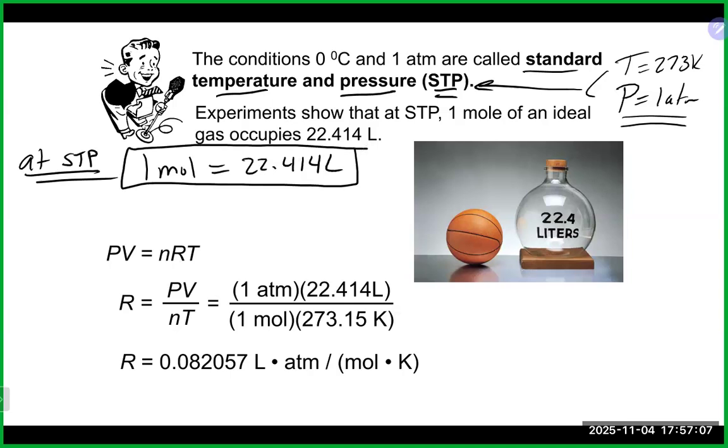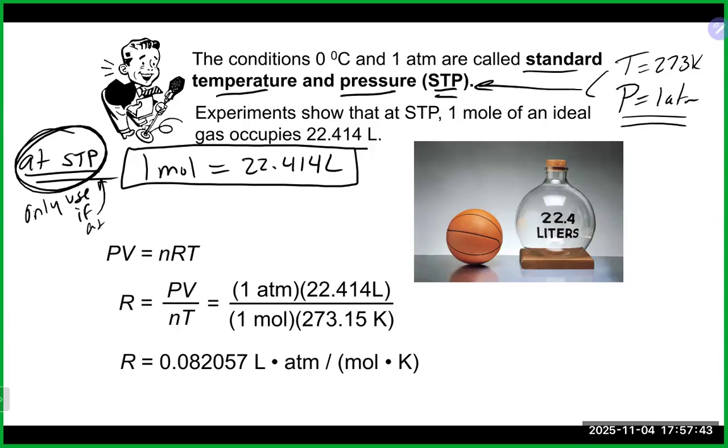So this is like a conversion factor that will allow you to maybe not have to use the ideal gas law. You can only use it if you're at STP. If you're not at STP, you should not use that. If you're afraid you're going to use it incorrectly, don't even worry about it and just put everything into the ideal gas law.